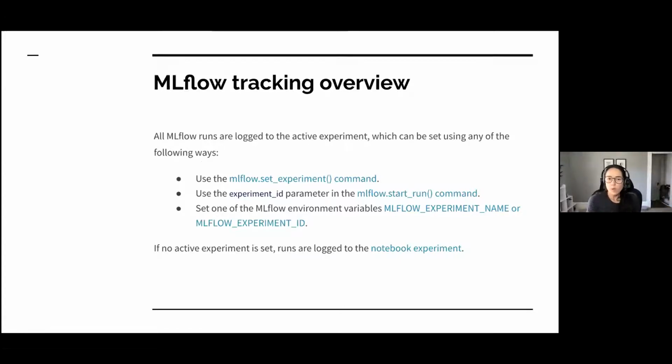So all MLflow runs are logged to your active experiment. Think of this just as your logbook name. You can set that in a number of ways. You can use the MLflow set experiment command to set that. And you can also reference the specific experiment ID in the run. And if no active experiment is set, runs are logged to the notebook experiment.